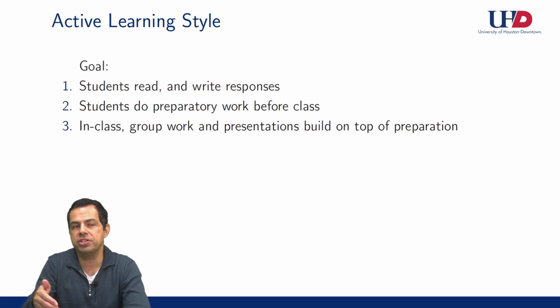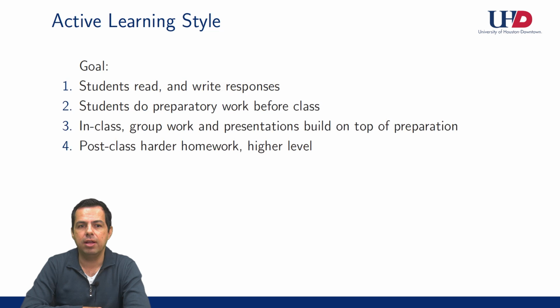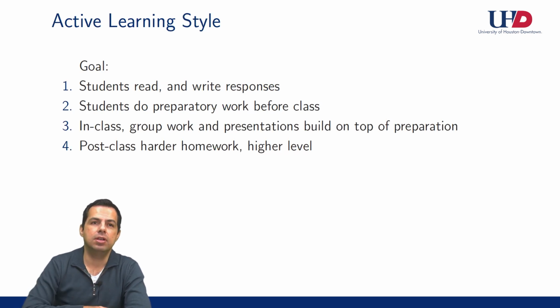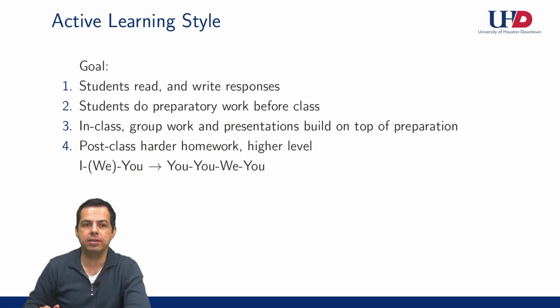Sometimes they do presentations, sometimes they just work on problems. So that's more preparation about the material. After the class, there is post-class harder homework at a higher level. Sometimes it's going to be like coding. Sometimes it's going to be more advanced problems in mathematics. This is to reinforce the material they're learning.